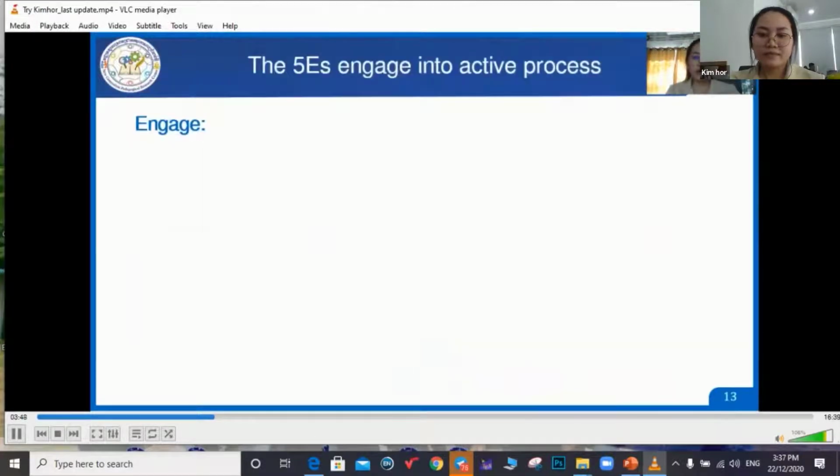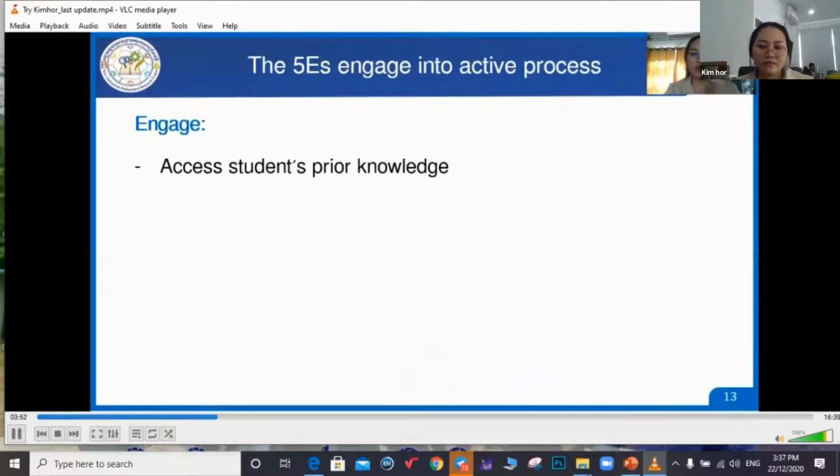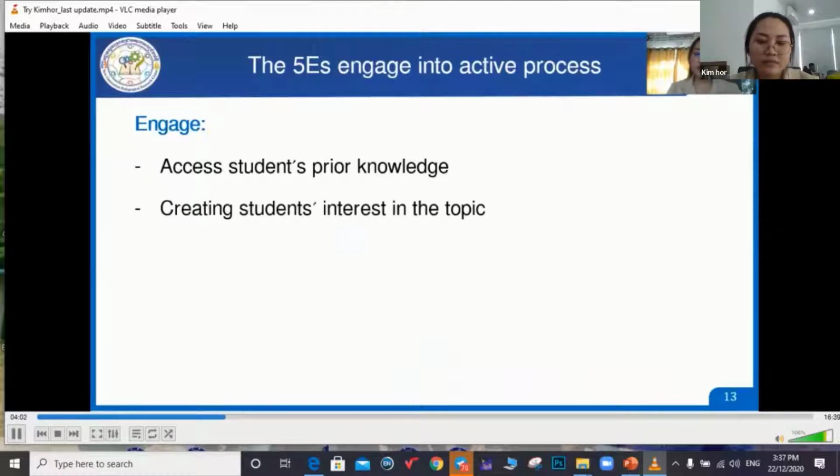So here is engage. Engage means that teachers have to assess the students' prior knowledge, what they have learned about existing knowledge that sometimes relates to real life, and create student interest in the topic. Before jumping to the new lesson, teachers have to create interest.